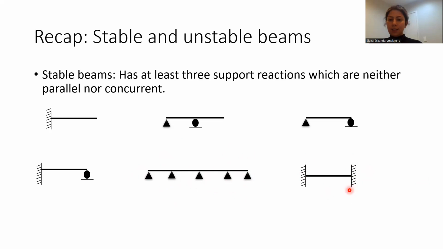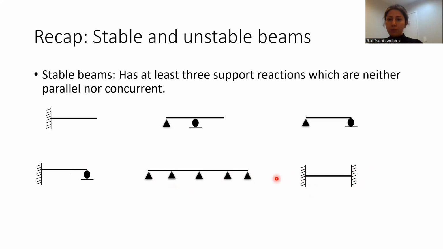Same as this beam with 2 fixed ends, where we have 3 at each end and 6 in total. So this row, they are all indeterminate. And with the knowledge that we already have, we cannot analyze these three beams.